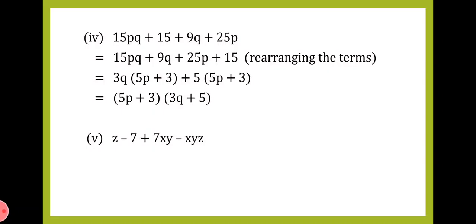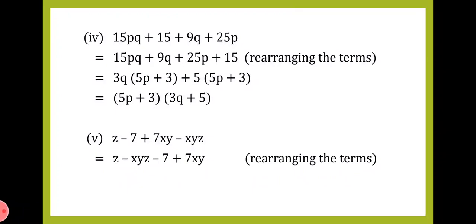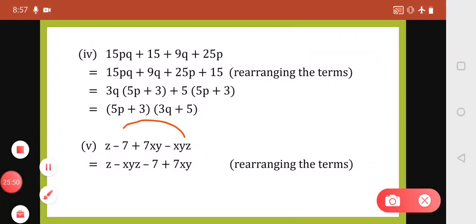So first let's rearrange the terms. So in rearranging we will get z minus xyz minus 7 plus 7xy. We have brought minus xyz as the second term. The fourth term we have shifted to second place.